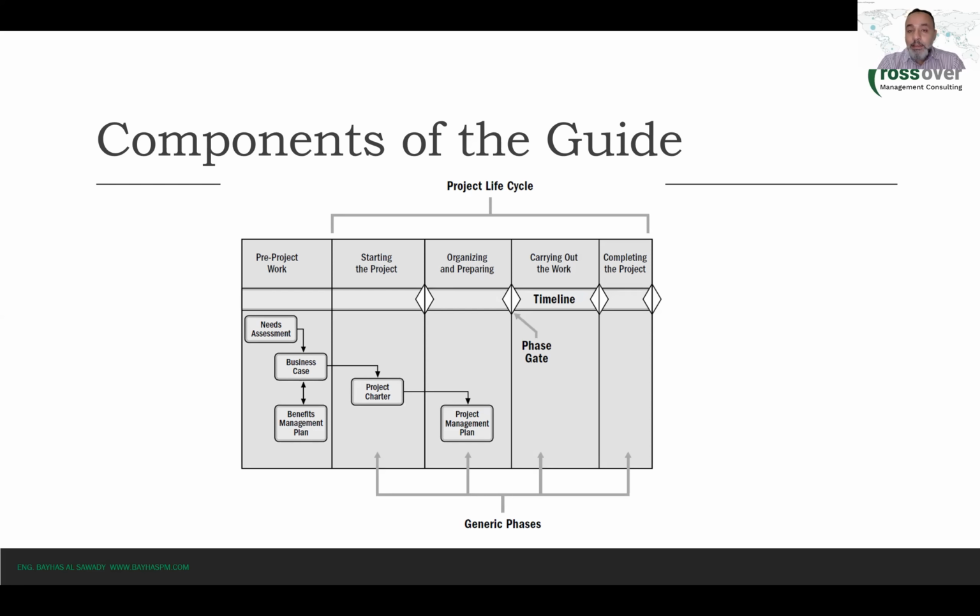So this is the second generic phase. The second generic phase is organizing and preparing your project by creating a project management plan that consolidates the subsidiary plans that you will need in your project.